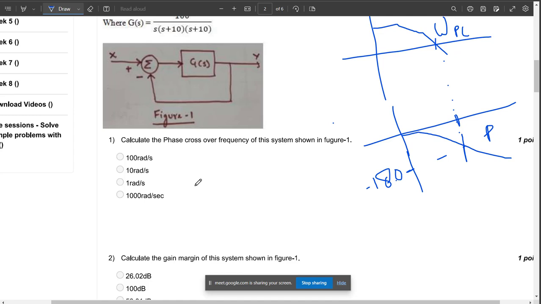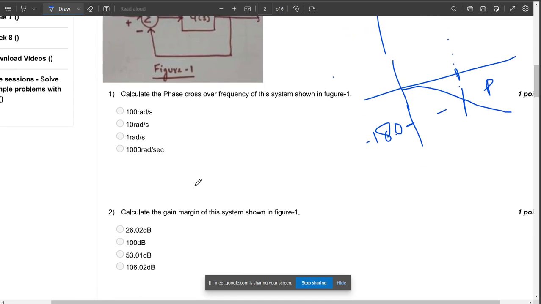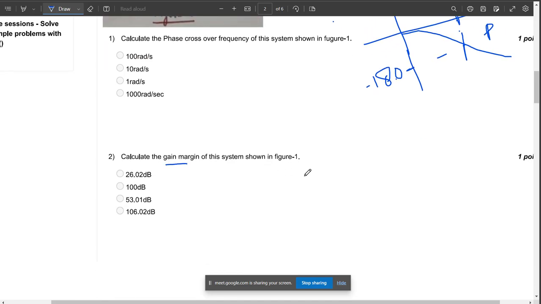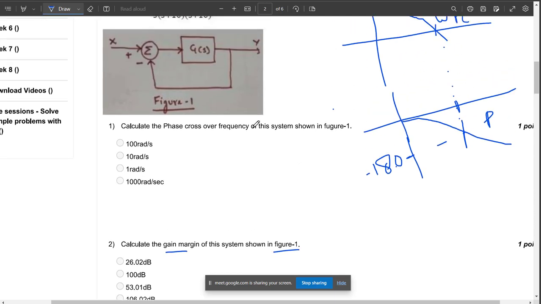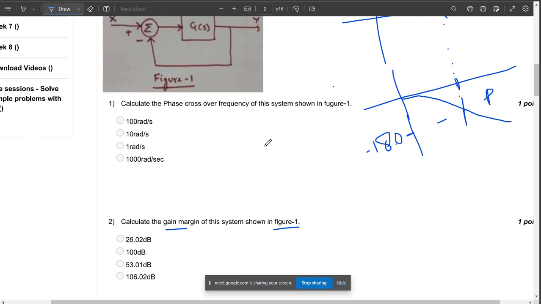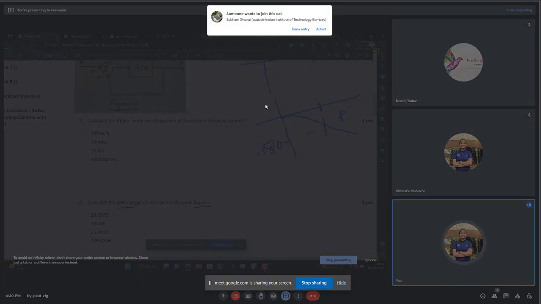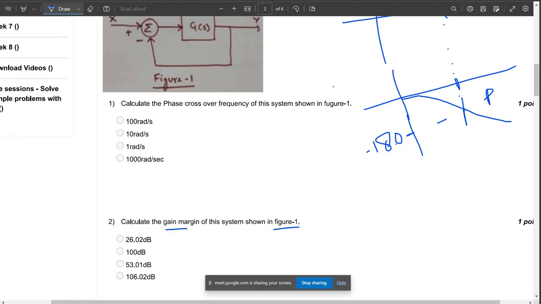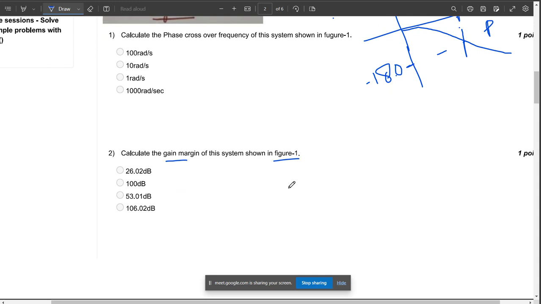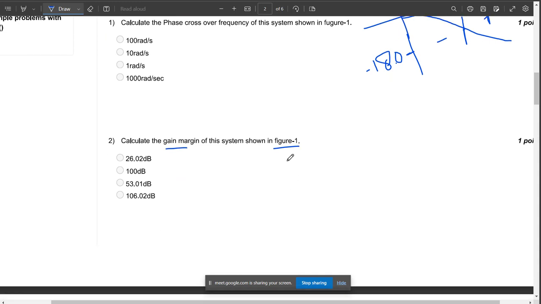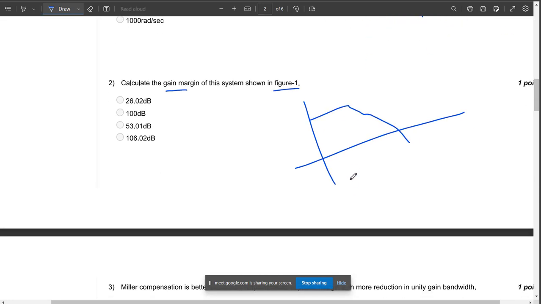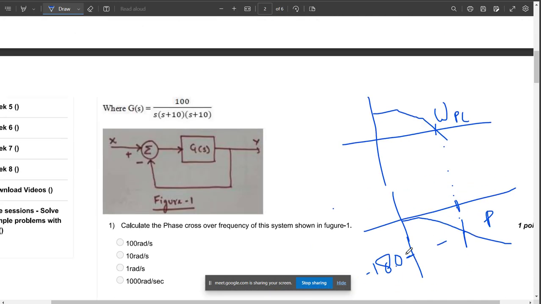So now I want you to solve for the gain margin of the system shown in figure 1. Okay, so first I want to tell you what gain margin is, right? We have the phase crossover frequency, so something like this is happening, phase is changing and phase becomes minus 180 degrees here. At minus 180 degrees there will be some gain.